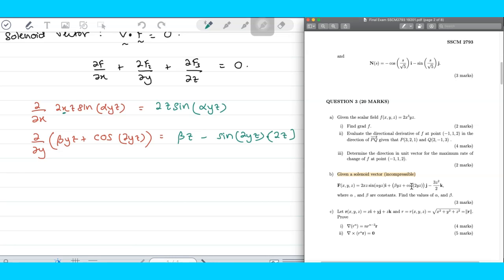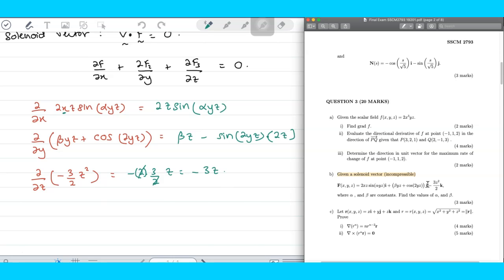Then the third one, del z of the third component. You have negative 3 over 2 z squared, and this gives negative 2 times 3 over 2 z, which is minus 3z.